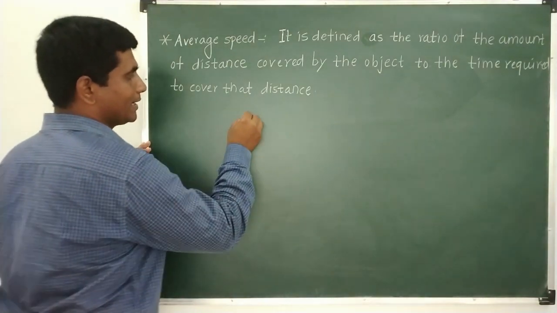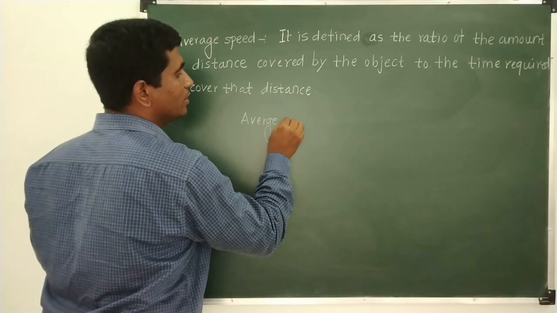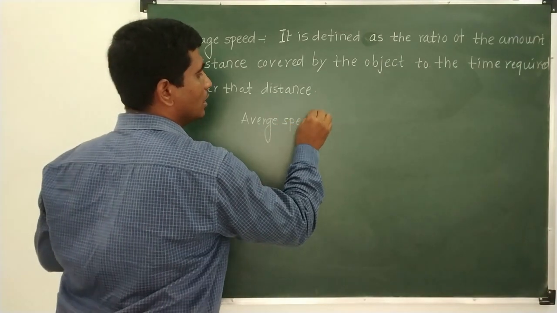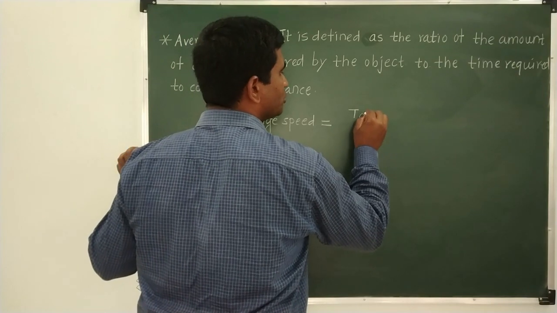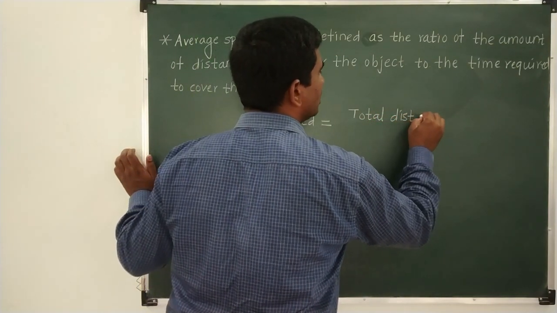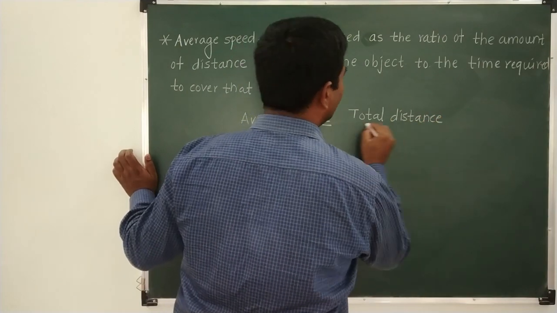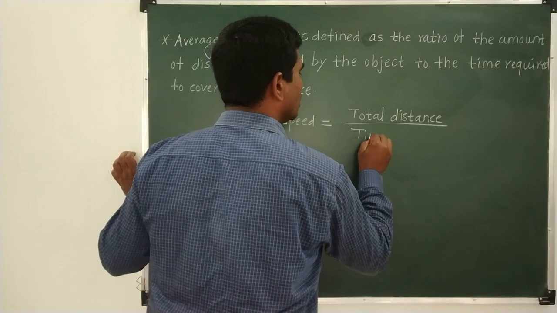You can rewrite it in mathematical form: average speed is equal to the ratio of total distance covered divided by the time interval.